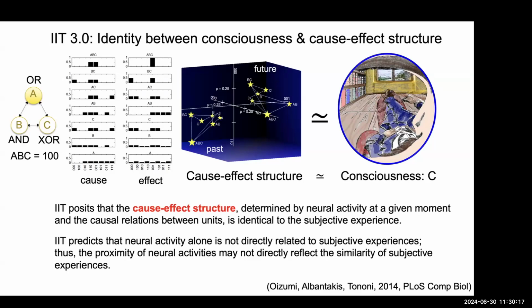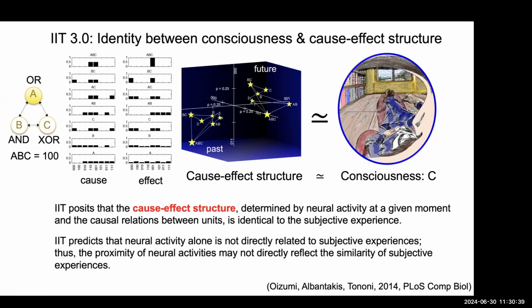So, in the past and in the future. Leaving aside the mathematical details, this is also a structure. It's a complicated structure, so we call it the cause-effect structure. And this cause-effect structure is identical to consciousness.